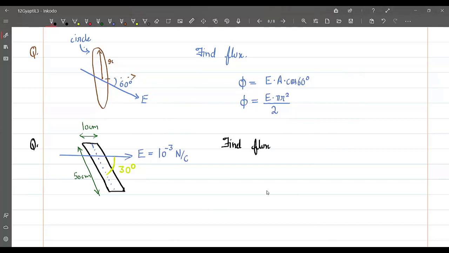Yeah. If your answer has root 3 in it, then your answer is wrong, although cos 30 is root 3 by 2.